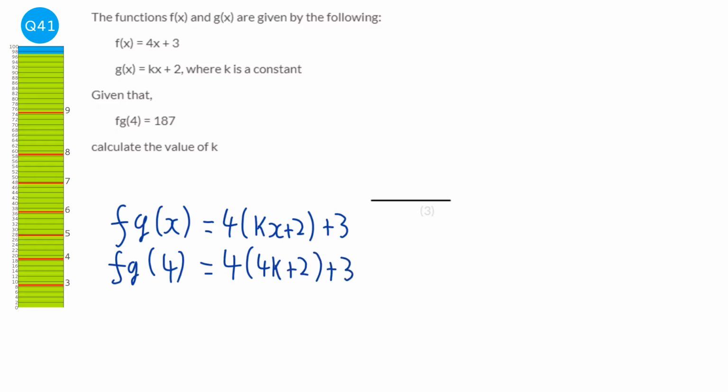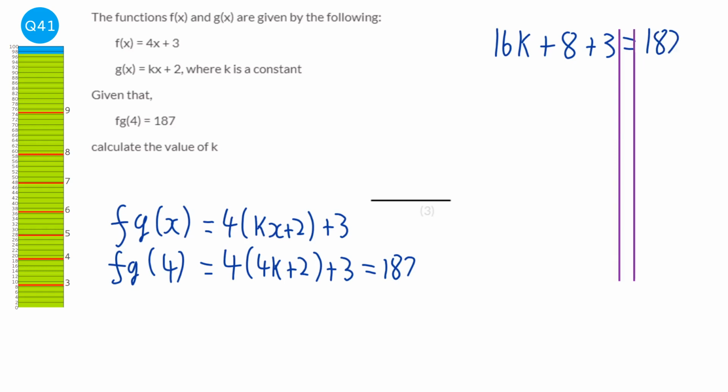And it says that that will equal 187. So we've actually got something we can solve here. So I'm just going to rewrite that, but actually I might expand the brackets as well while I'm at it. So 4 times 4k is 16k, 4 times 2 is 8, plus 3 equals 187.